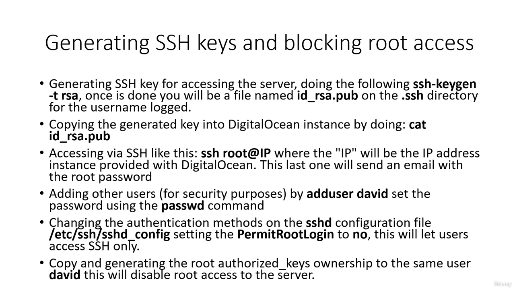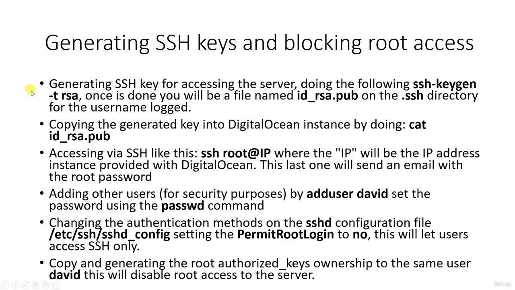So, generating SSH keys and blocking root access, which is the minimum security control. First, generate SSH keys for accessing the server by doing this command. As you can see, these bold parts are for the command or terminal purposes.